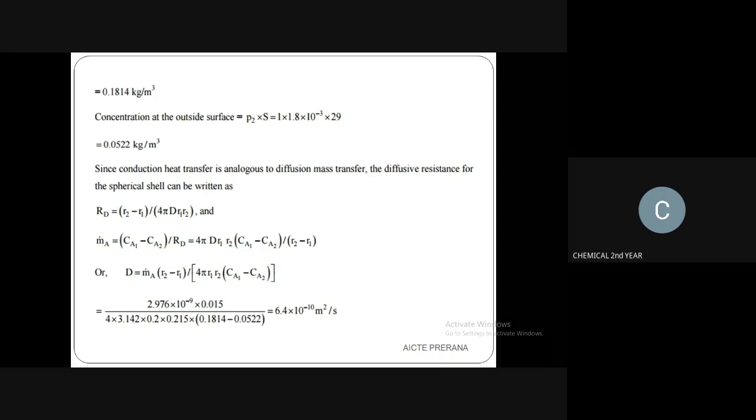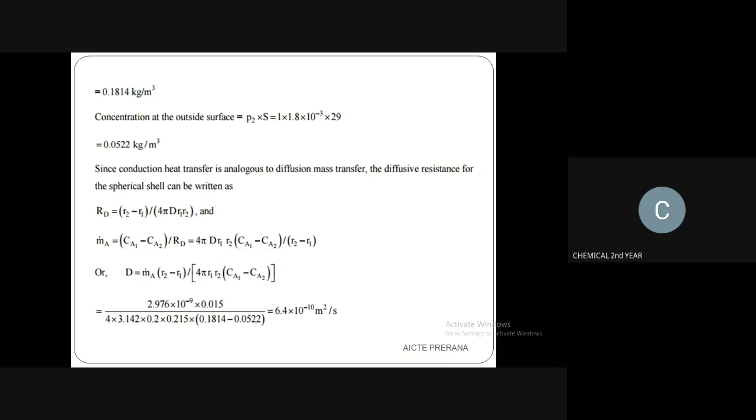RD we have to find out, the value for R2 minus R1 is the radius. They have given us a diameter, so you have to find out the radius. For D you already have the formula: D is equal to MA into (R2 minus R1) divided by 4 pi R1 R2 (CA1 minus CA2).